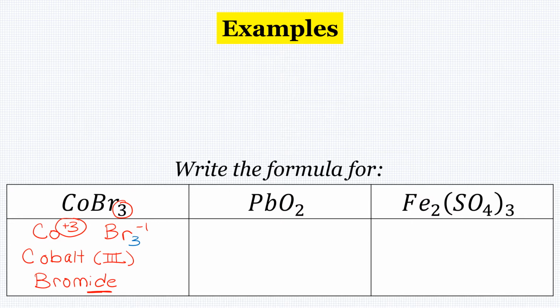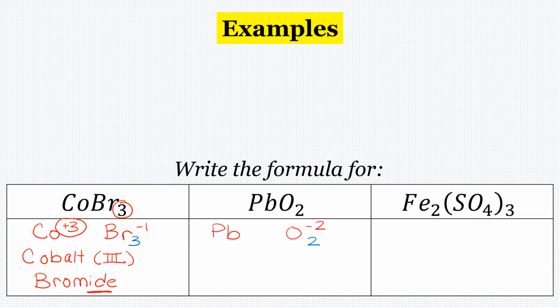We have lead, which is a special case here. We don't know the charge, and we have oxygen. Oxygen has a charge of -2. Lead, we don't know the charge, but we do have 2 oxygens. Because we have 2 oxygens, we have 2 atoms, each contributing a -2 charge.